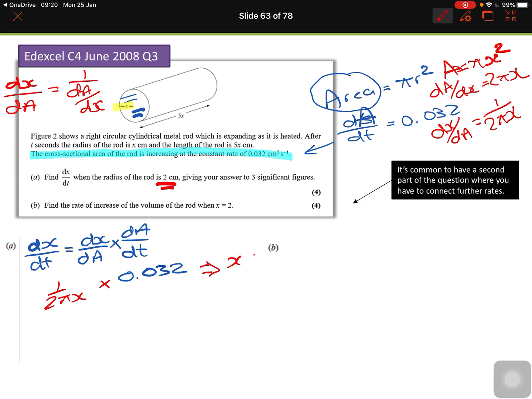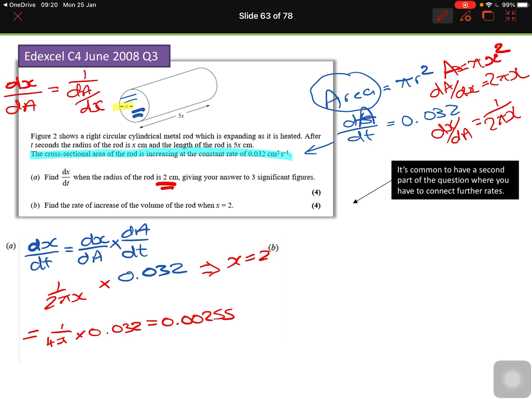So if x equals 2, we are going to be left with 1 over 4 pi times 0.032, which gives me an answer of 0.00255. So the radius is changing at a rate of 0.00255 centimetres per second. All about finding those missing parts.